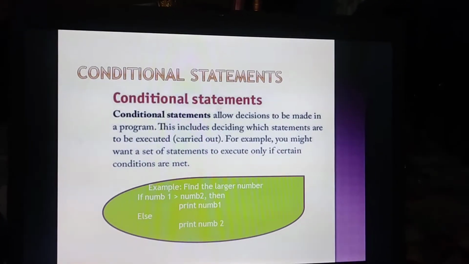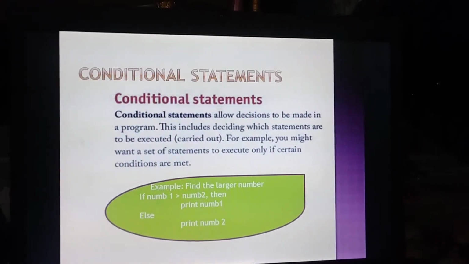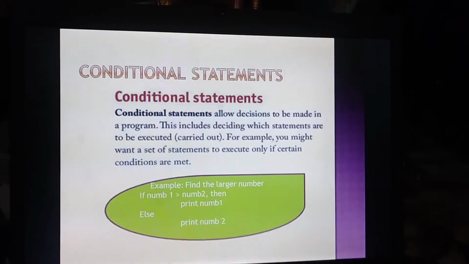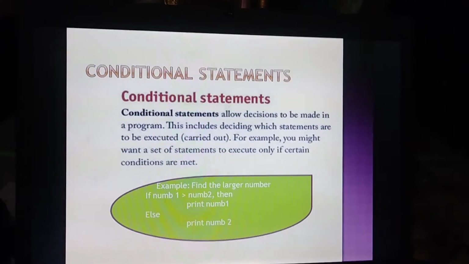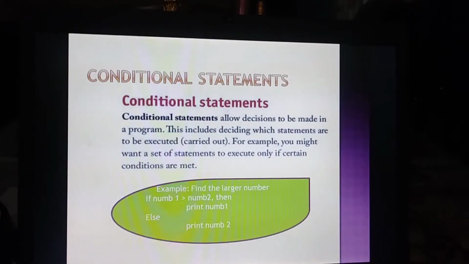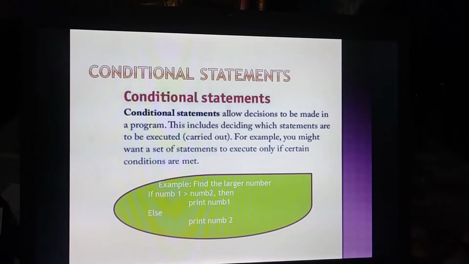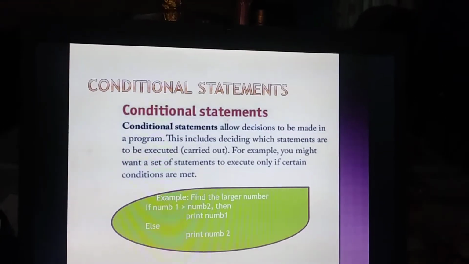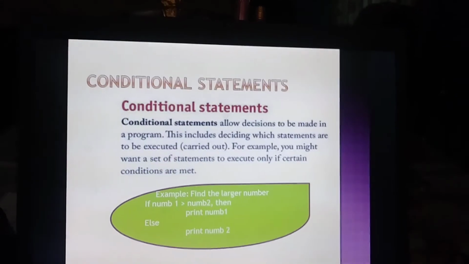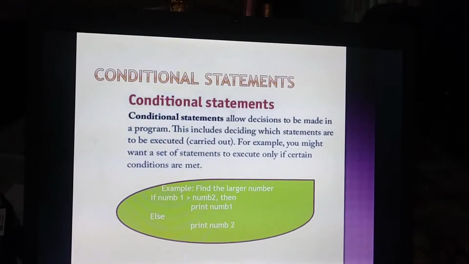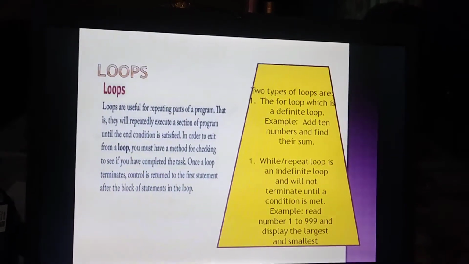So it may be that you want certain processing to take place depending on a certain condition. An example is find a larger number. So you have two numbers here, num1 and num2. If num1 is greater than num2, then print num1, else print num2. That's a condition. You will print based on a condition.